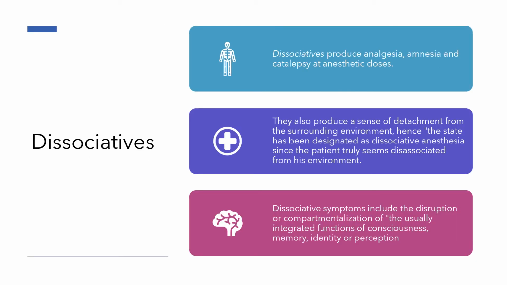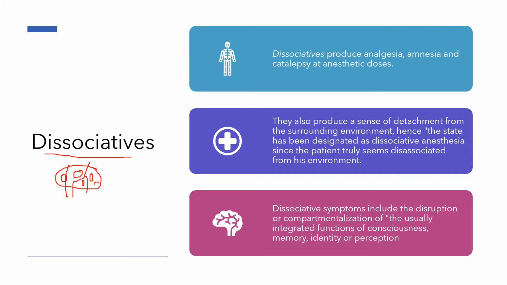The other hallucinogen is dissociative. What does the word dissociative mean? It means that the mind is one and it has separate portions like consciousness or attention, memory, emotions, identity. It separates them, it dissociates them. One gets dissociated from the other one.